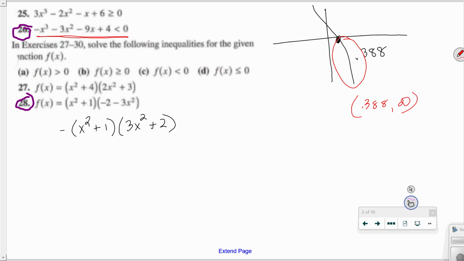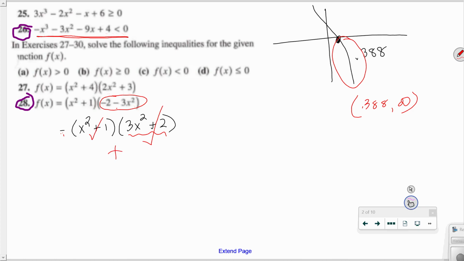This one is kind of a weird one. So I factored a negative out, and I just rearranged it to look a little better. When you rearrange it and look at it, you can tell this is always positive. This is always positive.